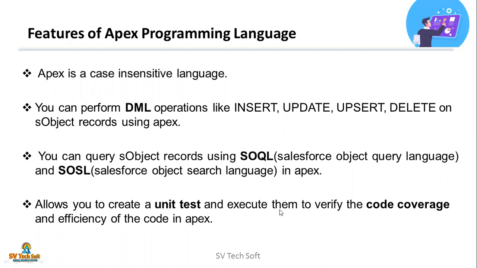For example, if you want to create any particular data programmatically, we can do it with the help of DML operations. You can create data, modify an existing record, or delete a record. Anything you can do with the help of Apex DML operations.